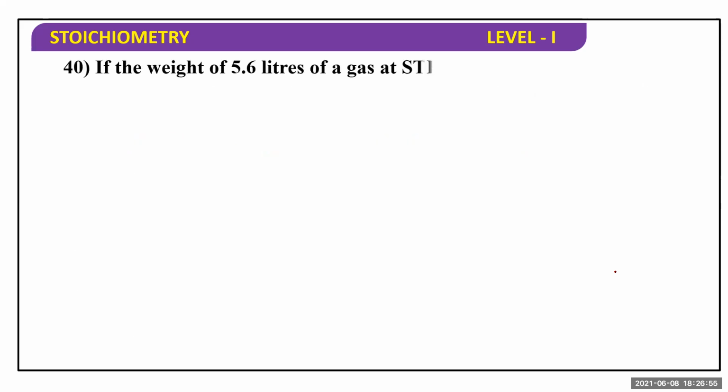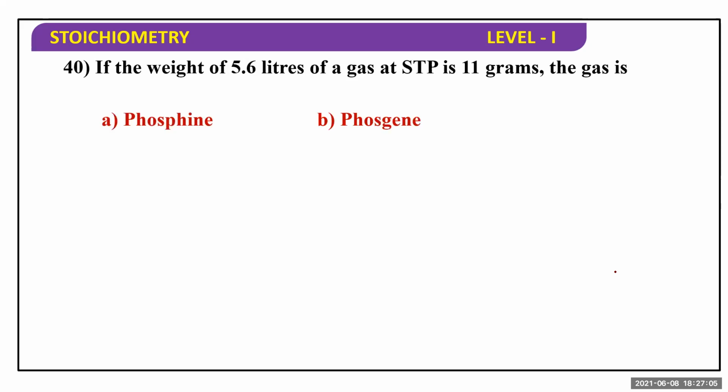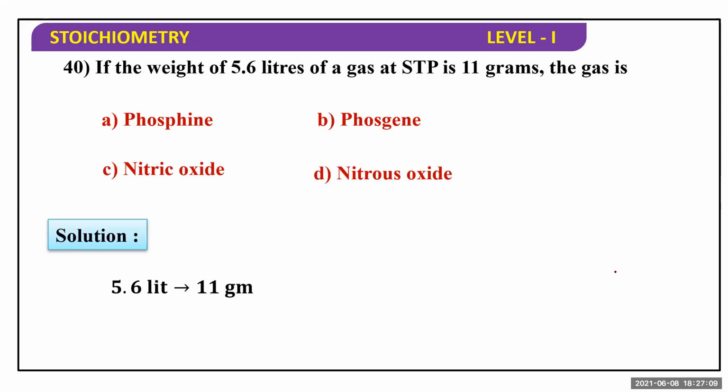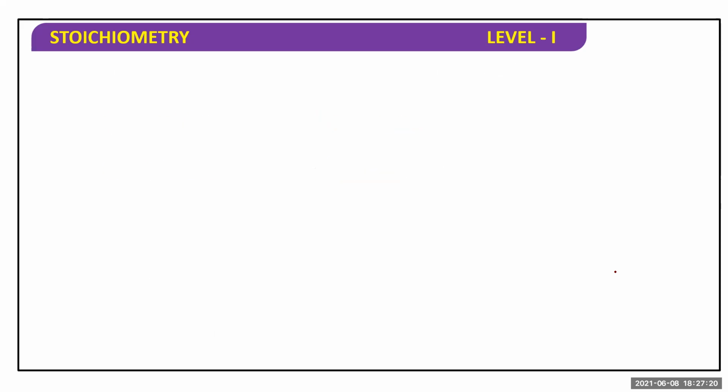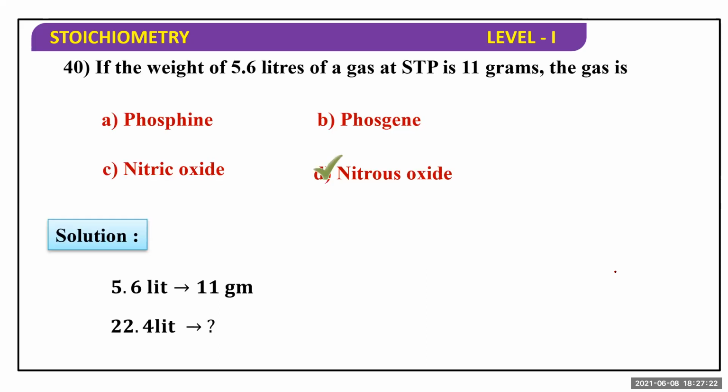If the weight of 5.6 liter of a gas at STP is 11 gram, the gas is, you know, 5.6 liter equals 11 gram, then 22.4 liter equals 11 into 4, which is 44.